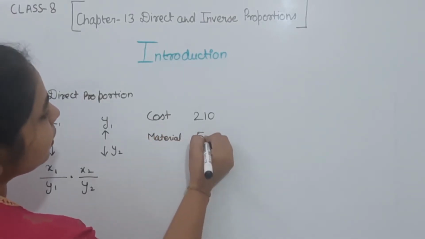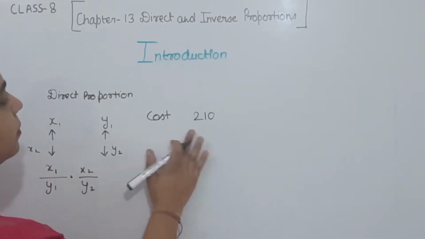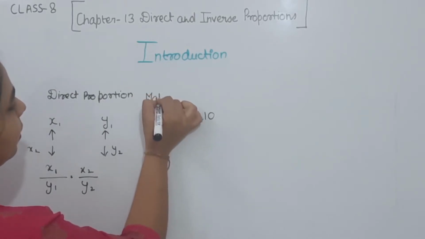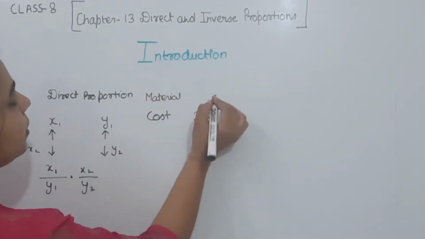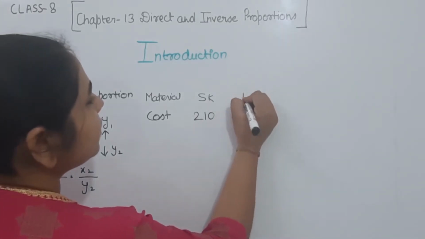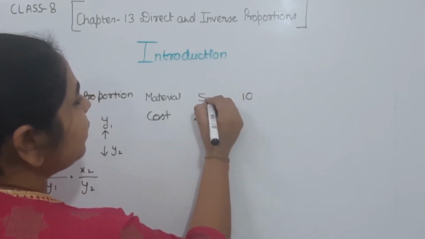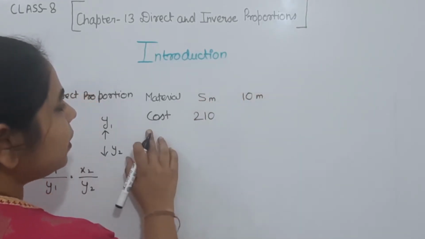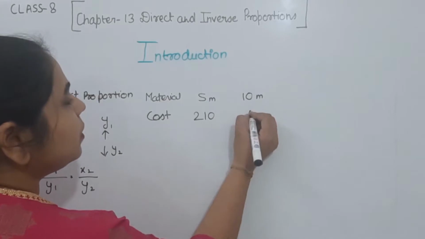I'm going to write here: 5 meter of cloth or material costs 210 rupees. Now we have to find the cost of 10 meter cloth. So this one we have 5 meter, and we have to find the cost of the 10 meter cloth.